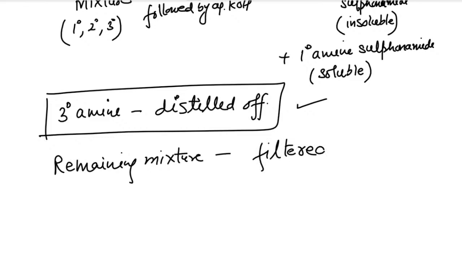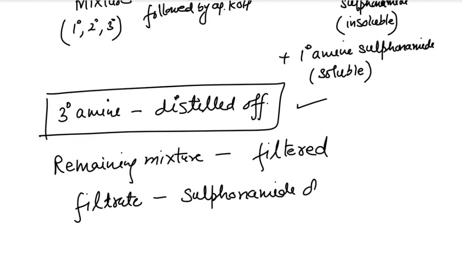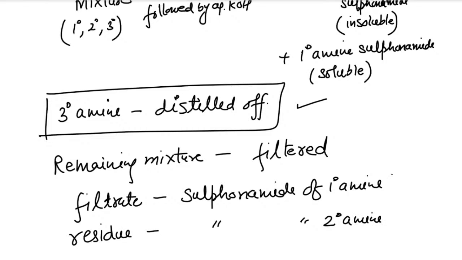When we filter this remaining mixture, in the filtrate we have the soluble sulfonamide, that is the sulfonamide of primary amine, and in the residue we have the sulfonamide of secondary amine, because you know the sulfonamide of primary amine is soluble in aqueous KOH and the other is insoluble in KOH, right?